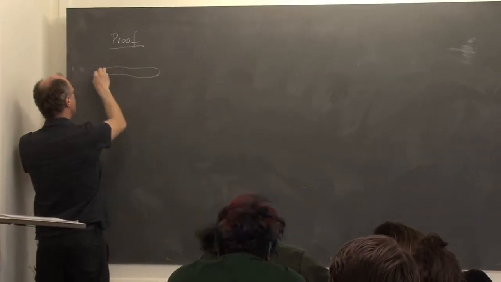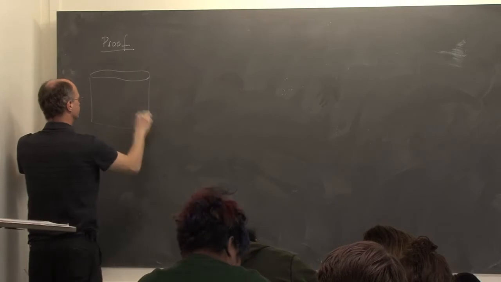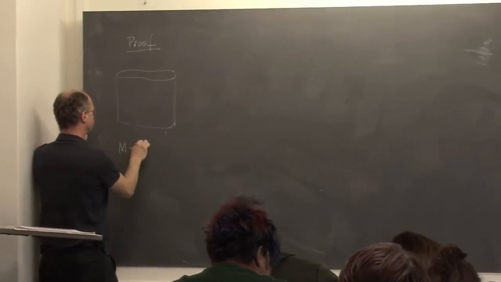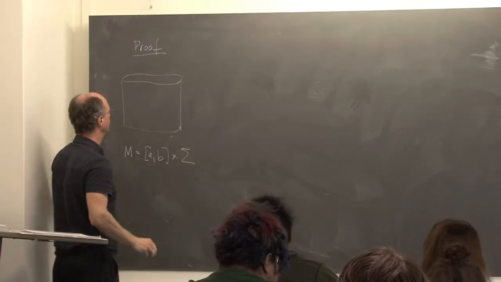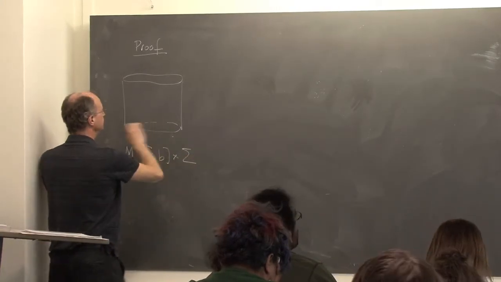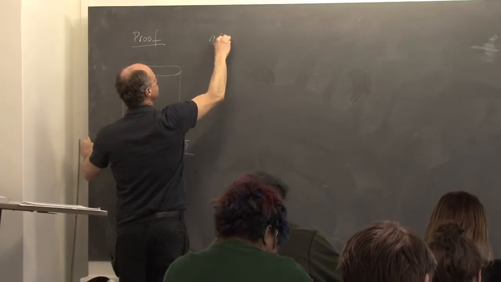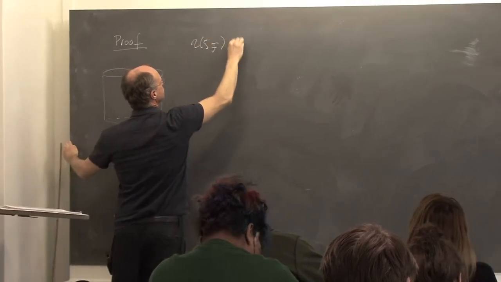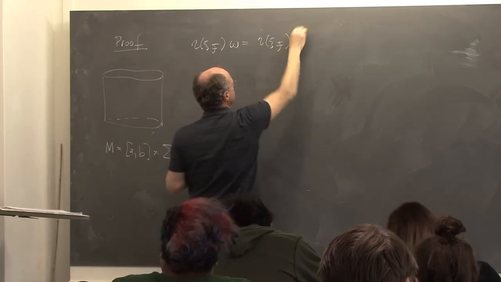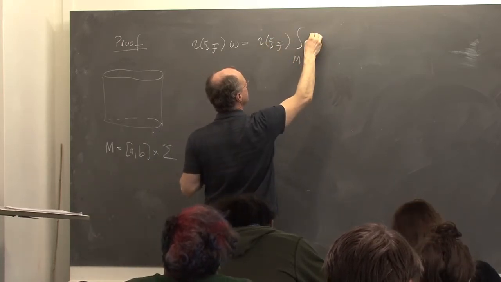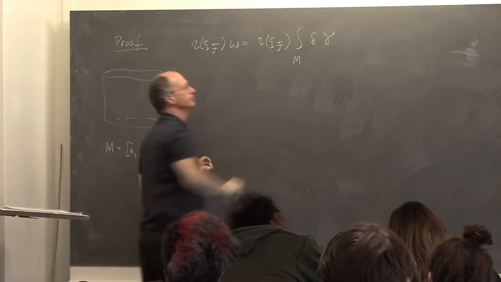So our setup is a cylinder. So M is a cylinder, AB times sigma. And so that's what we have.